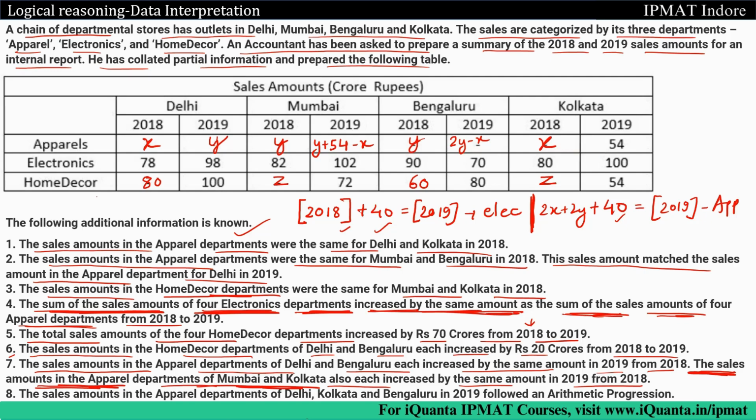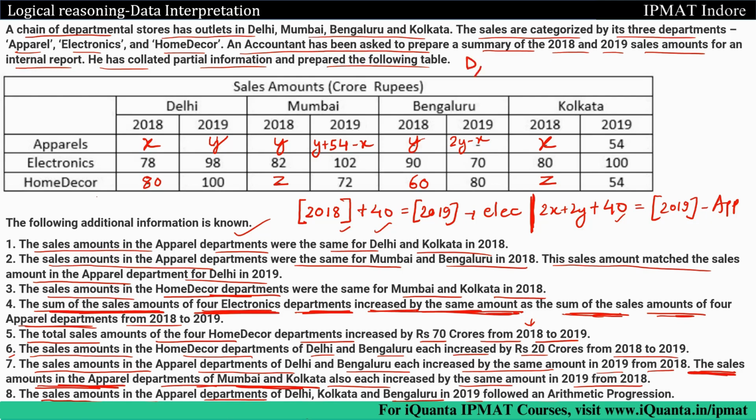The last point here is that the sales amounts in the apparel department of Delhi, Kolkata, Bangalore in 2019 followed an arithmetic progression. So they are in AP. You know what an AP is? AP is a series in which the difference between two consecutive terms is the same.